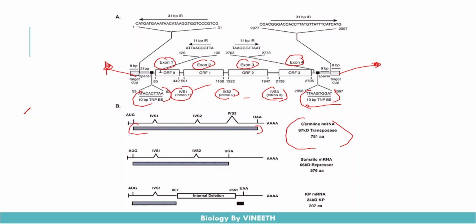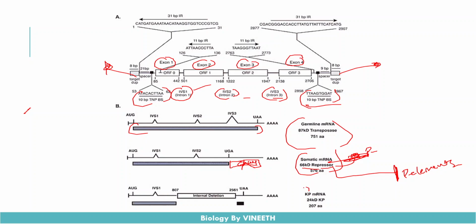But in the case of somatic mRNA, which produces the 66 kilodalton repressor that suppresses the activity of these P elements, it contains one intron, or the splicing is done in the alternative way. So it doesn't contain exon 4. Due to the absence of exon 4, it will produce the repressor molecule. So the transposase enzyme will now act as a repressor molecule.